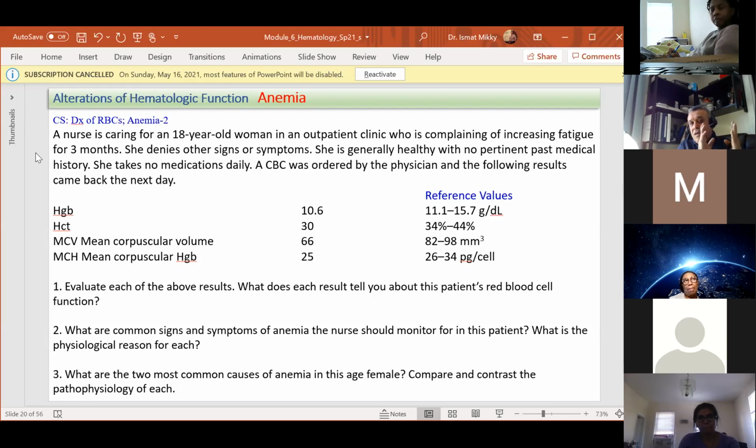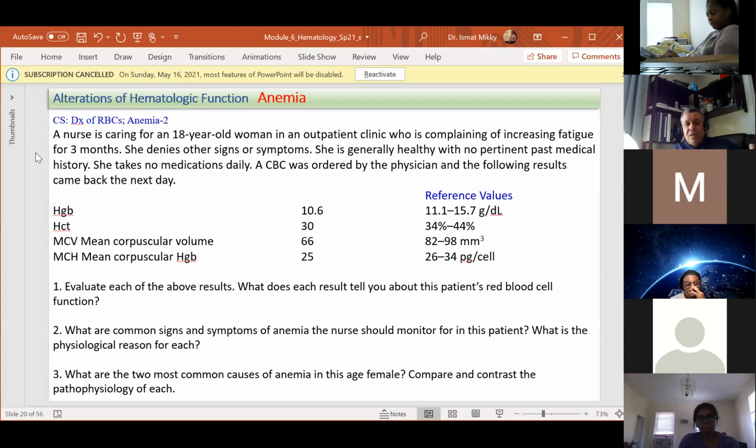So the two main etiologies in this age group, which she's 18 years old, the most common is iron deficiency, which occurs secondary to the loss of, we said, blood from the heavy menses or menstrual cycle, or from the decreased nutritional intake.